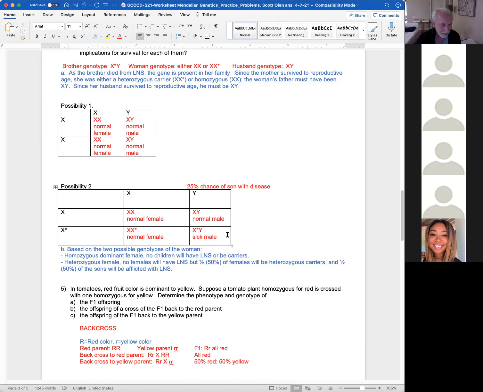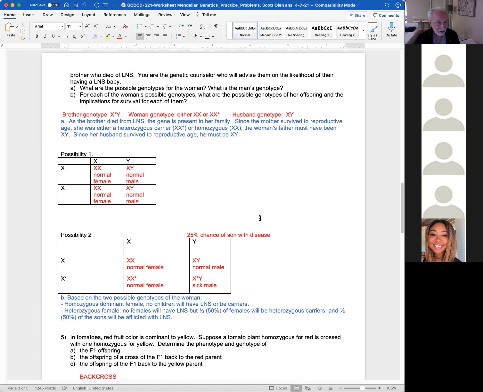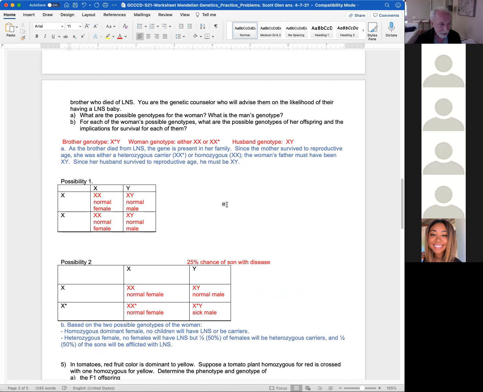So what are the chances then? You're telling your clients, you're giving them advice. What are you going to tell them about their chances of having a sick child? Just based on possibility 2.